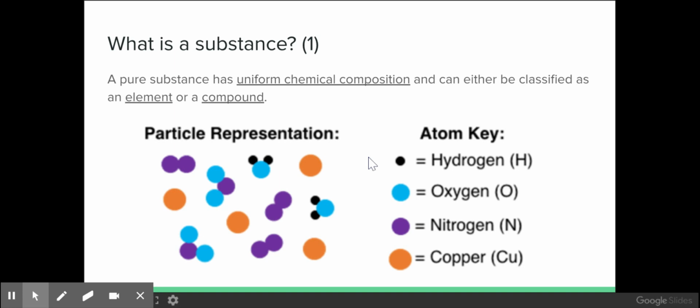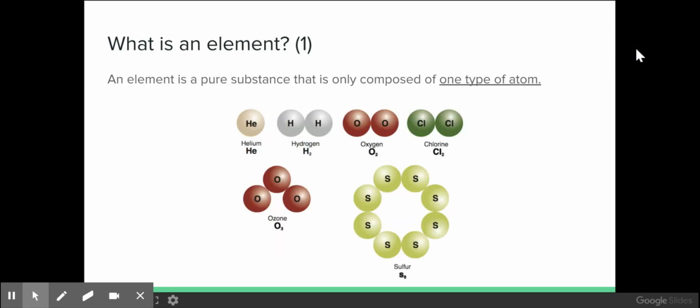So for instance, nitrogen is diatomic, which means that two atoms are connected together of the same type, but this entire thing is one element. This orange circle is copper. Copper is not diatomic. It only has one atom per unit. But a compound such as water is made up of atoms of different types, and that's what really distinguishes an element and a compound. We'll get into that in greater detail at a later time.